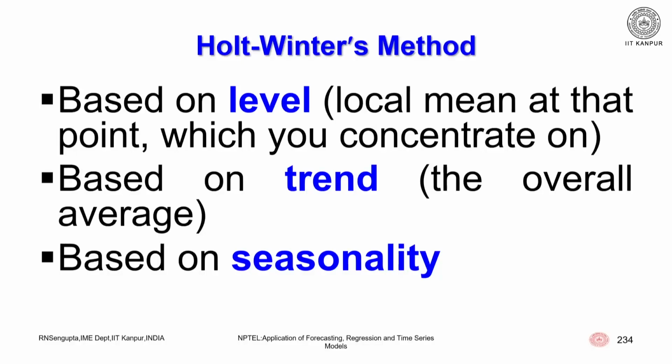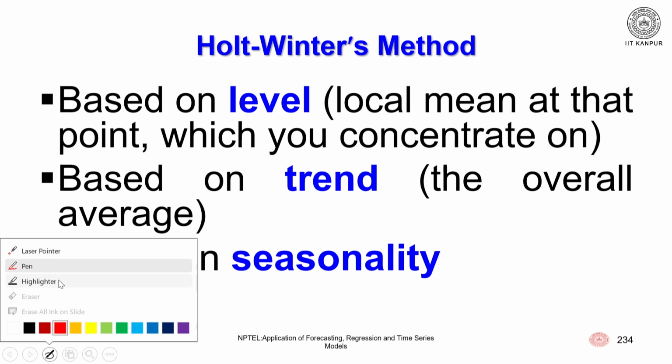Cyclicity has a cycle, and it need not be based on season. It can be based on the financial year, a 2-year factor, or a 5-year factor. There are different things. So seasonality is the important concept being added in the Holt Winter method, and as I mentioned, there would be both additive seasonality and multiplicative seasonality.